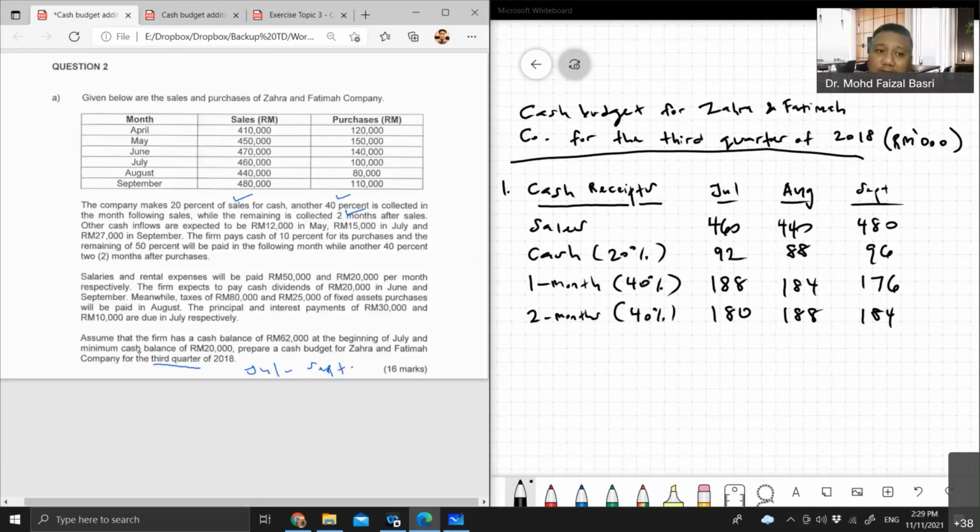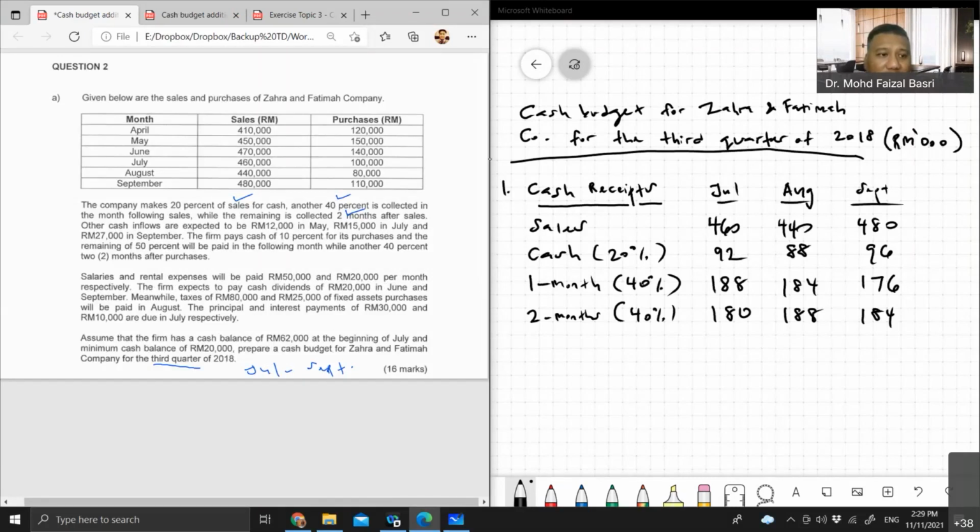Any indication that they will receive some form of cash, as inflows. So for this question, just after the collection of 2 months, they mentioned other cash inflows are expected to be 12,000 in May, 15,000 in July, and 27,000 in September.